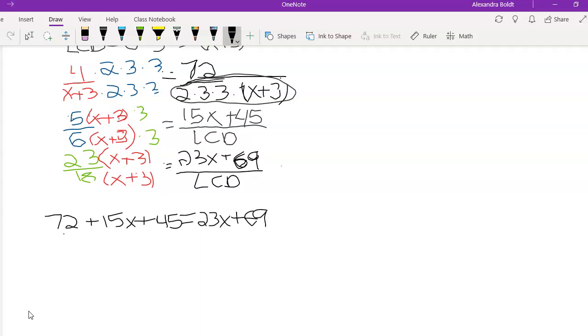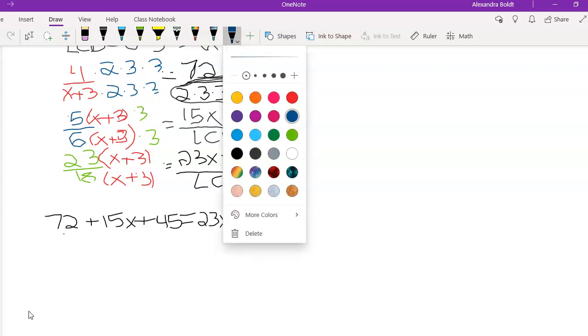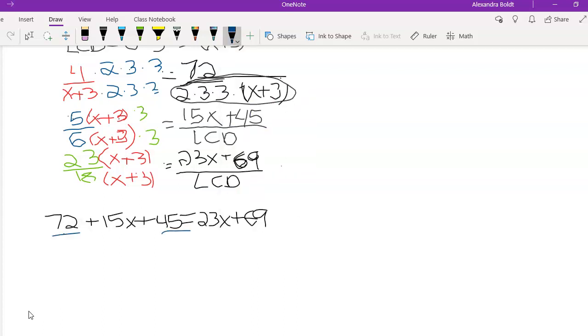I'm going to combine my like terms, so I'm going to combine the 72 and the 45.